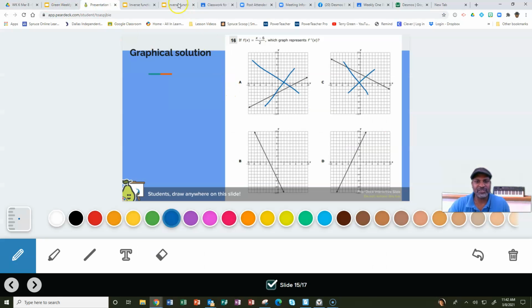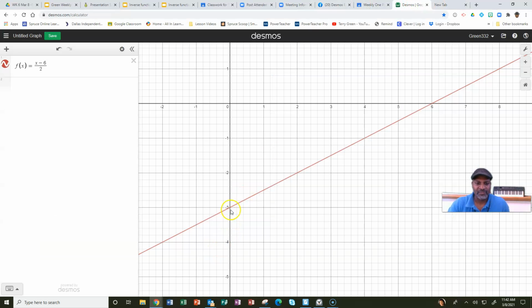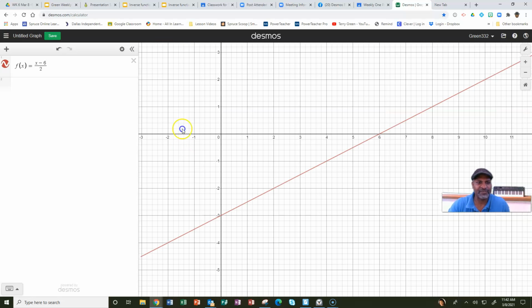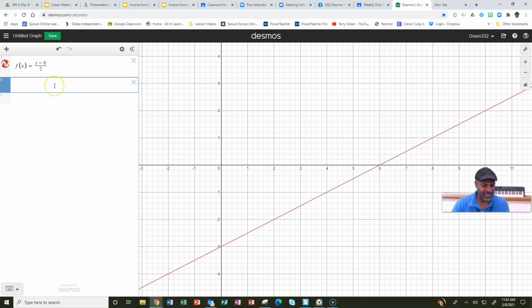So which one of these? Let me see what that looks like. It needs to go through -2, 2, which is up here somewhere. If I zoom in, there's a way to actually get Desmos to plot that. My inverse is going to go through -2, 2. See where that is? And I've already said that it's going to go through -3, 0.